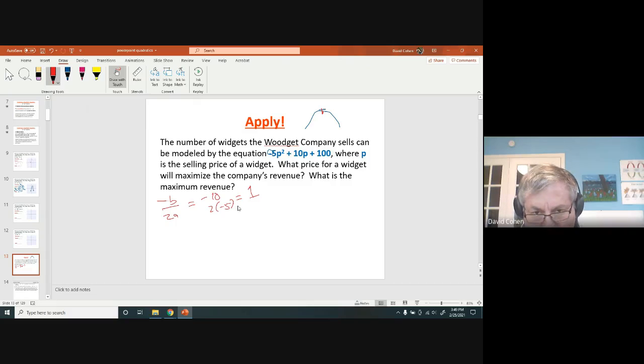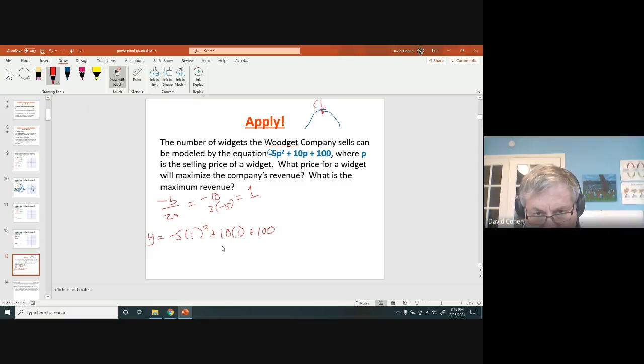And if that's 1, we'll put our x value way up here. 1. And then we plug that in for the y value. Y equals -5 times 1 squared plus 10 times 1 plus 100.